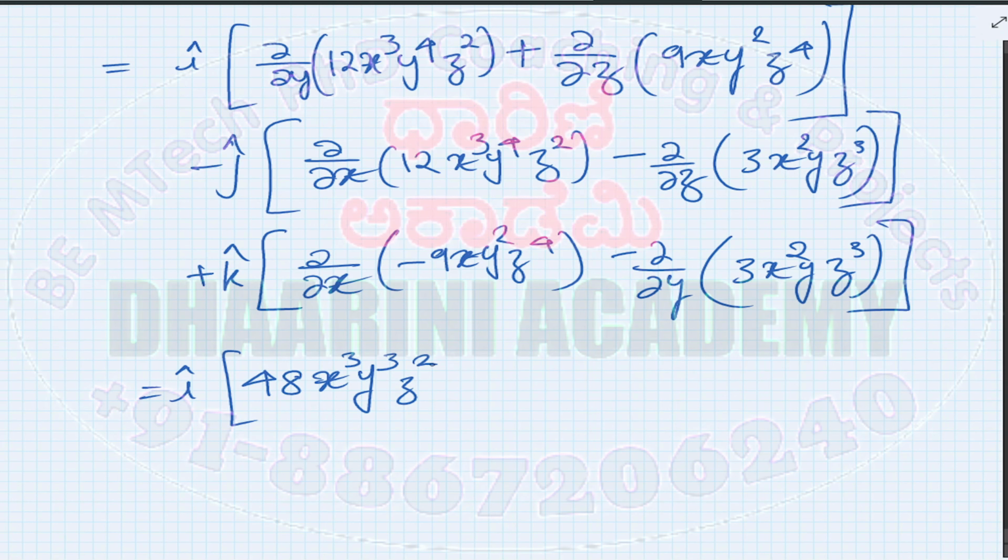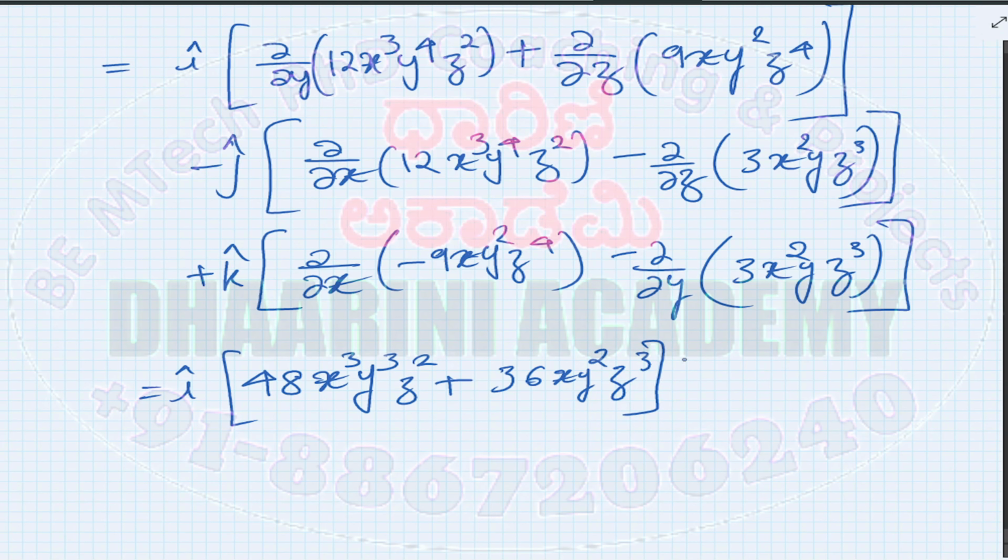Then the second term differentiation happens with respect to z. So z to the 4 becomes z to the 3, and 4 will come down. So this is plus 9 into 4, 36 x y square z cube. This is the first term.